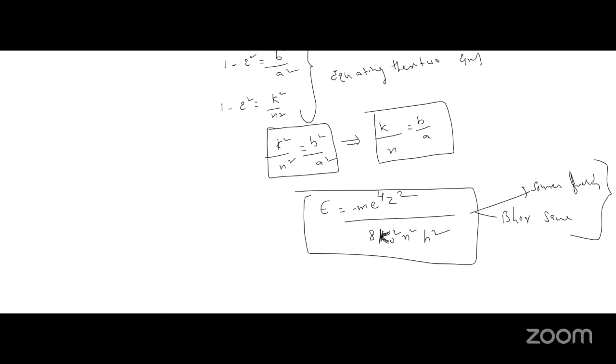Next topic we have, I will stop with the small topic. Our next topic is 1.5, energy levels of hydrogen atom. In energy levels of hydrogen atom, what are the possible energy states we have?